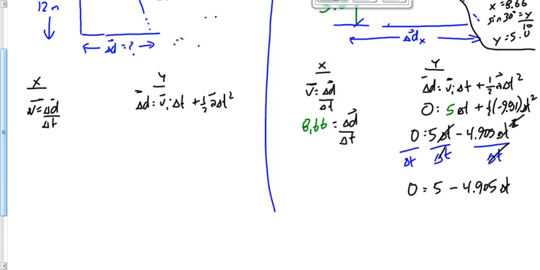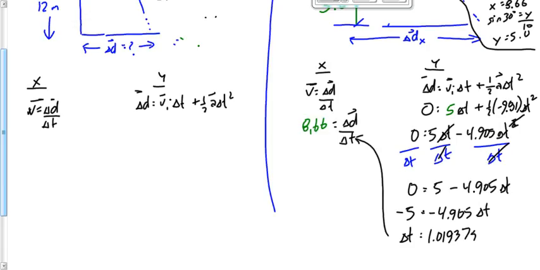Take the 5 over to the other side. I get -5 equals -4.905 t. Now I'm just going to do some division here. -5 divided by -4.905 gives me 1.01937, which I can plug back into here and multiply by 8.66.